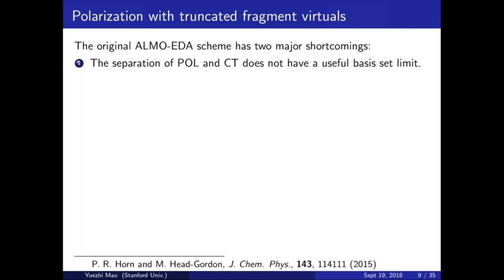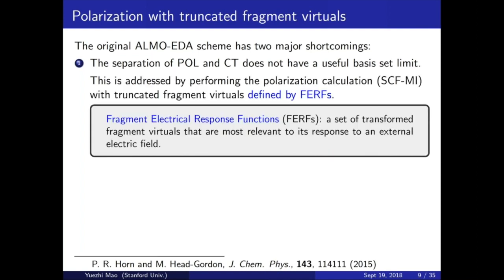The first shortcoming is the separation of polarization and charge transfer does not have a useful basis set limit, because when a larger basis set is used, the ALMO constraint becomes somewhat ambiguous, because the basis functions on fragment A can easily extend to fragment B. So this is addressed by performing the polarization calculation, the ALMO SCF calculation, with truncated fragment virtual spaces defined by FIRFs.